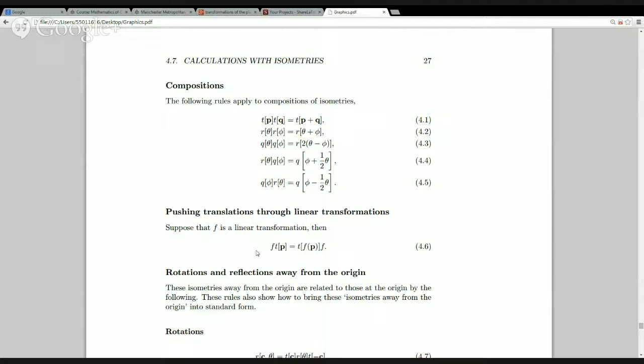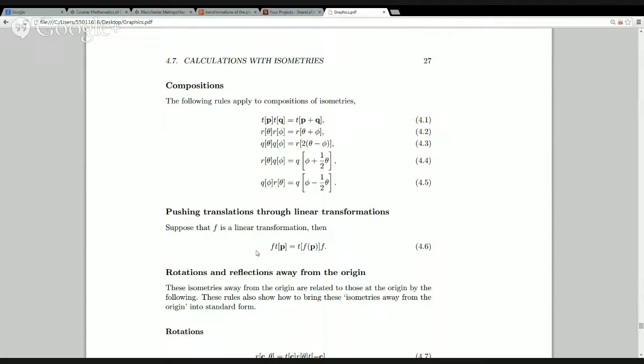So we want to push that through, drag this rotation on the right through the translation, back through the rotation. And using the results that we've looked at already, this is going to come back as translation by the vector which is the rotation applied to minus c. And then the rotation r theta is left there.